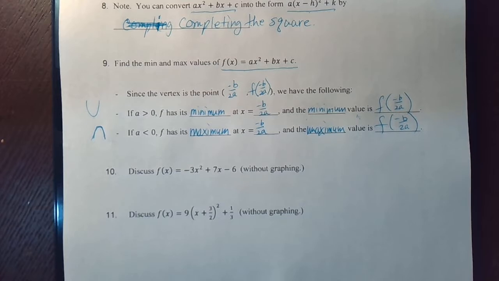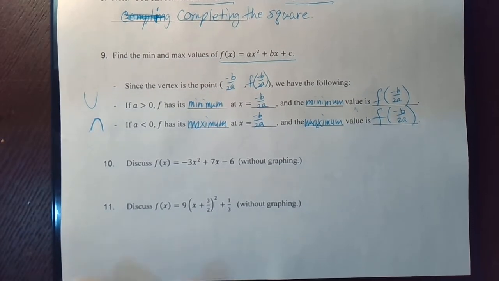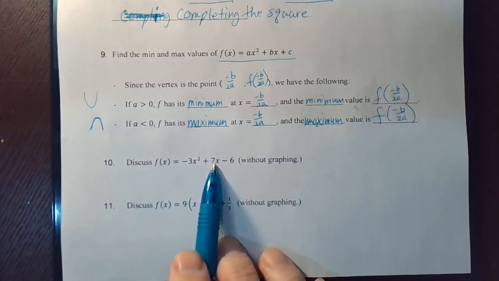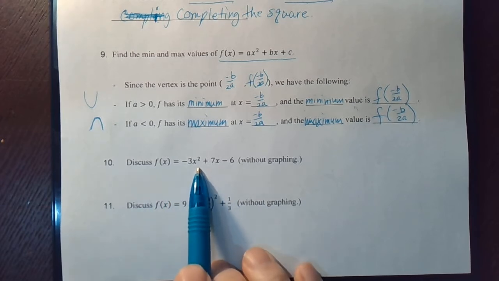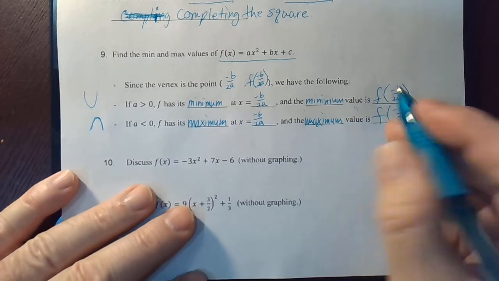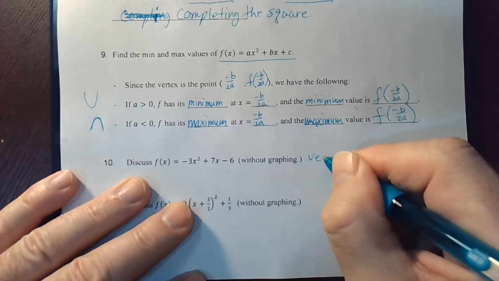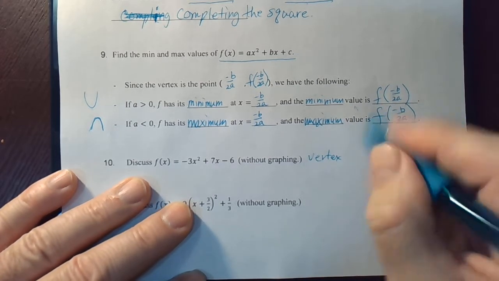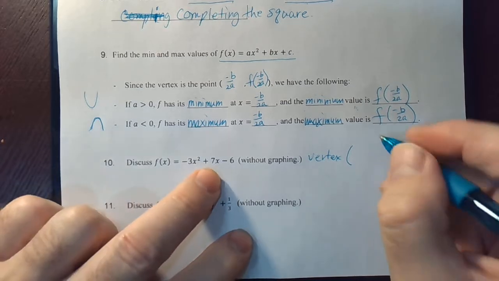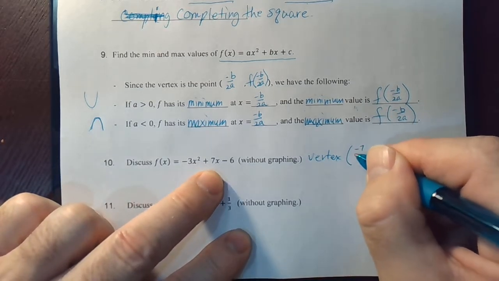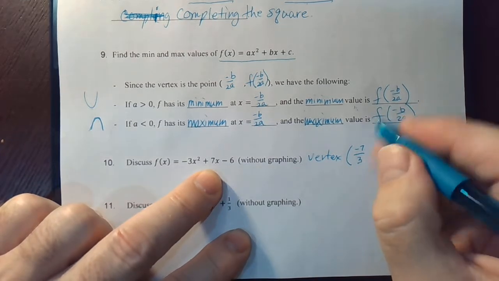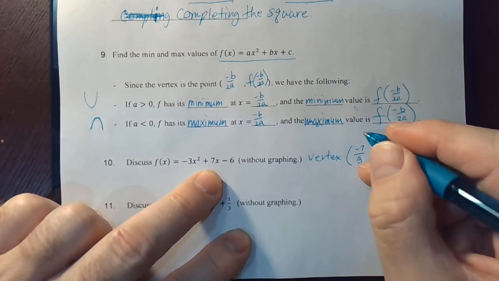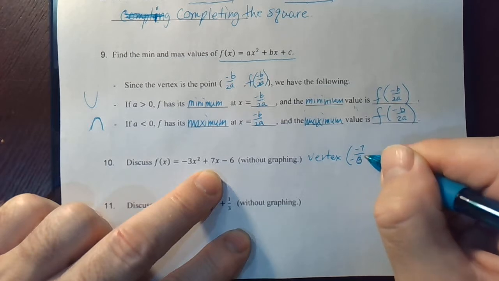All right, our final two problems, we don't have to graph them. Let's just discuss these. What do we know about the graph of this parabola? Well, the vertex would be negative b over 2a.